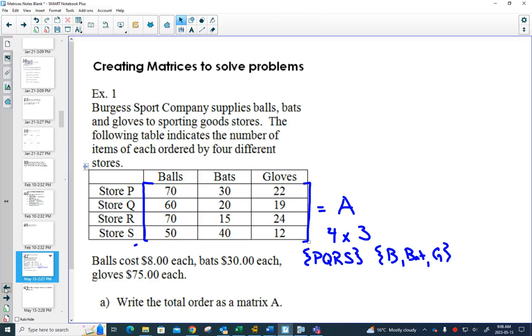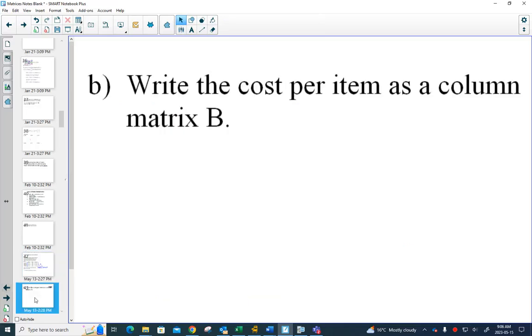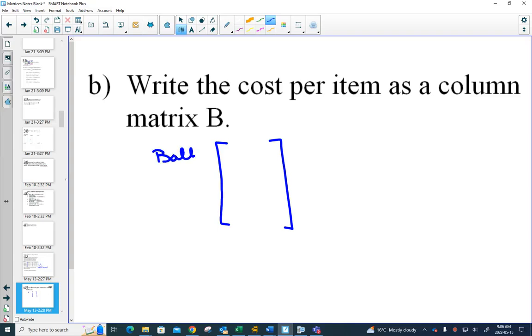Now, in part B, it says to write a column matrix B. A column matrix has 1 column, for the cost per item. We're going to write this out off to the side right now: balls, bats, and gloves, with a dollar sign up there, cost per item.